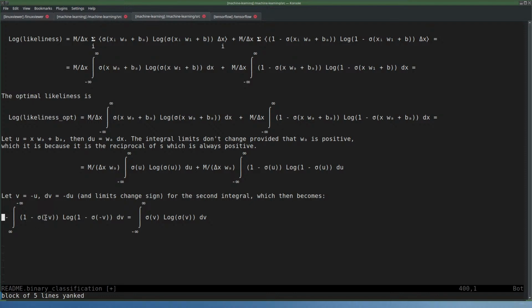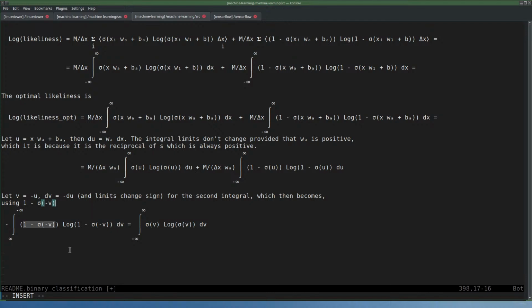I mean, the sigma of minus V is 1 minus the sigma of V. So then you get 1 minus... Wait a minute, then we have 2 minus signs. Do I have something wrong here? No, it's not.